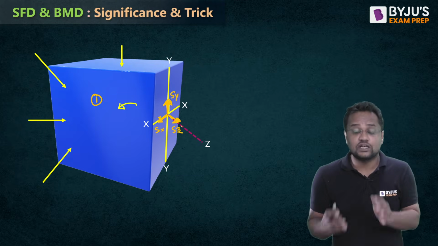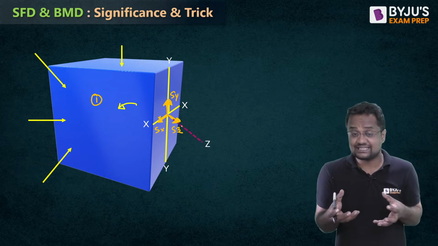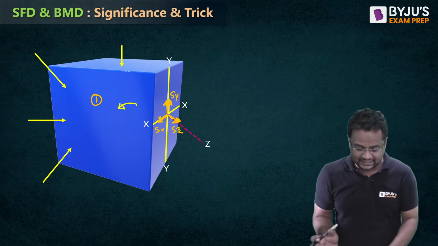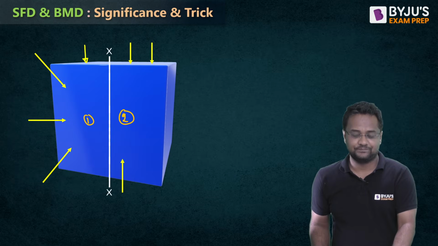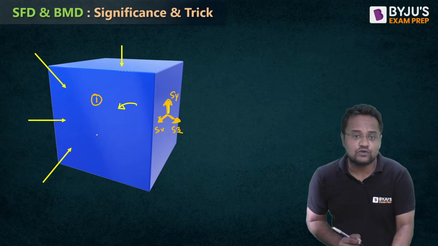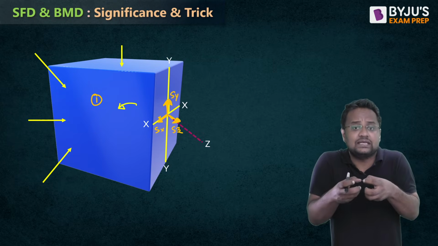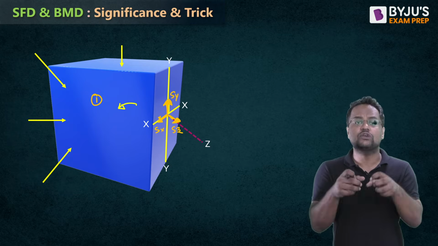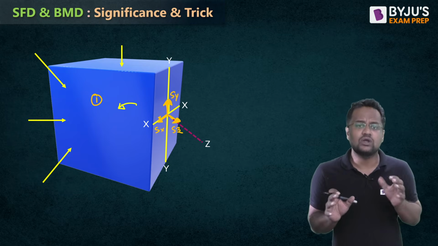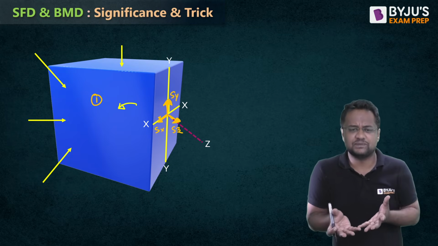So three internal forces. Why am I calling them internal forces? Because we obtained them after cutting the section. So after cutting the section, we are getting these forces Sx, Sy, Sz to balance it. Suppose only vertical loads are coming, so only Sy will come, Sx and Sz will be 0.